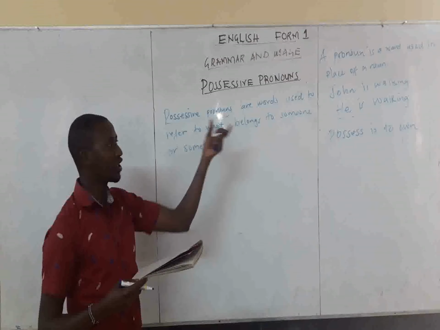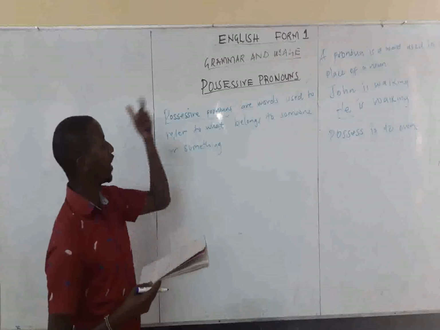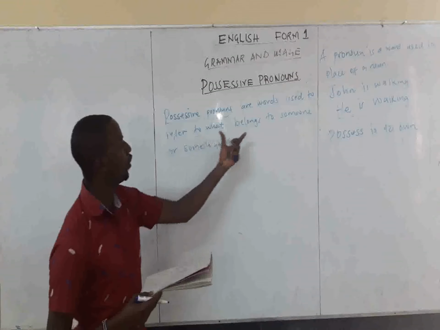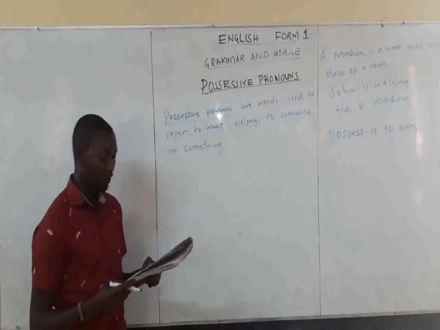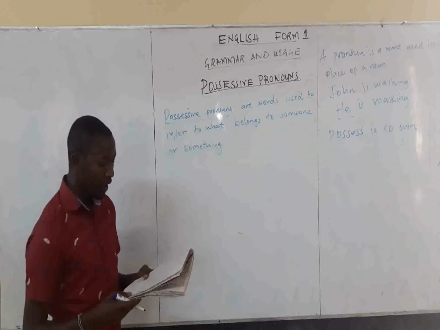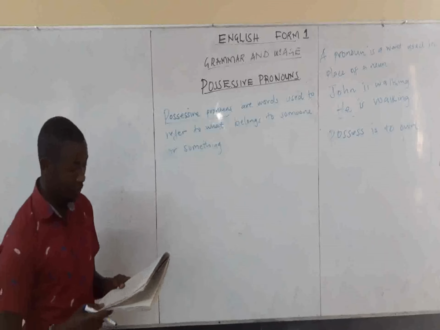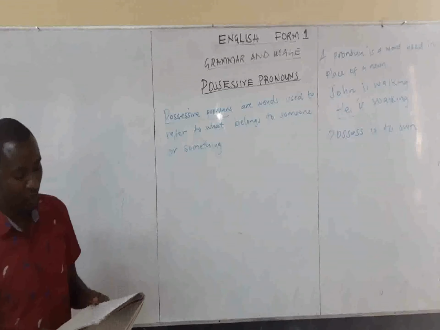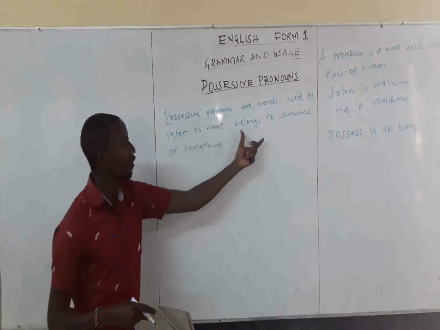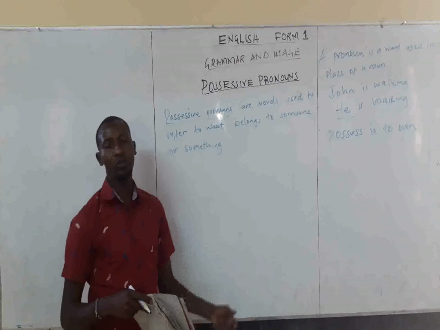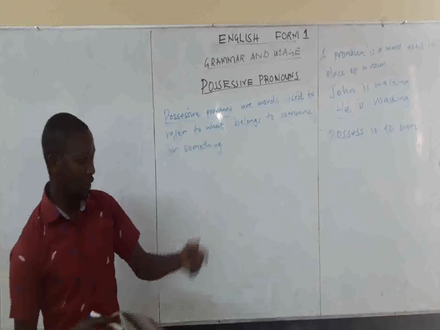They are pronouns, words which can be used instead of a noun. But what they are showing in that sentence is what belongs to someone or something. We use possessive pronouns for a specific person or a specific thing, to show what belongs to them.